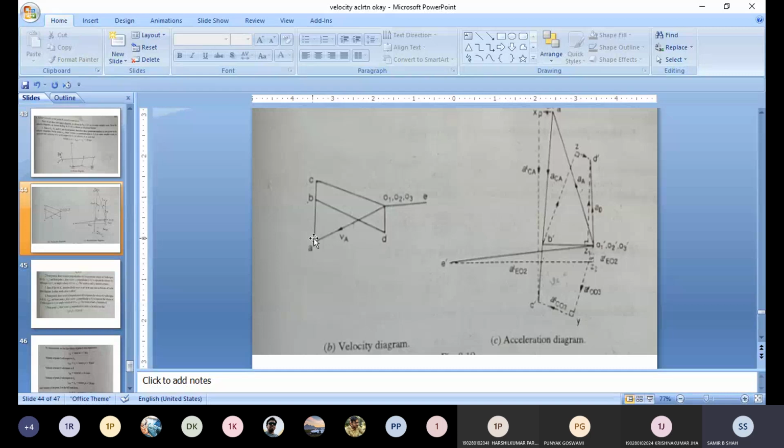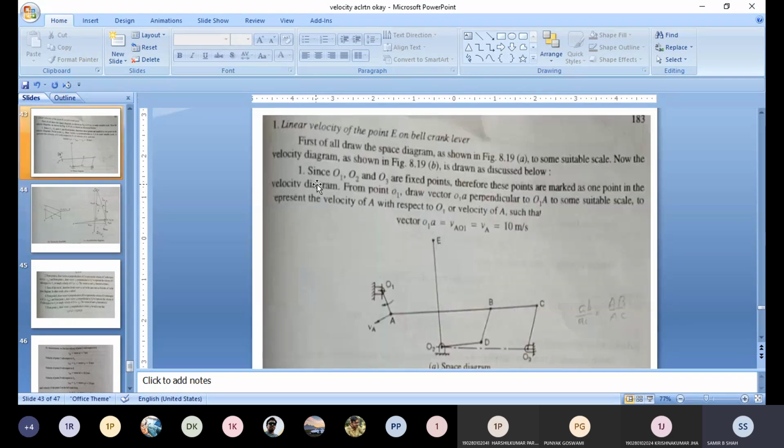From point A, that line we draw in the direction perpendicular to the space diagram of AC, so we can see it very easily here. We know the direction, but we don't know the magnitude. Once again, we verify the space diagram, where C is connected with O3.